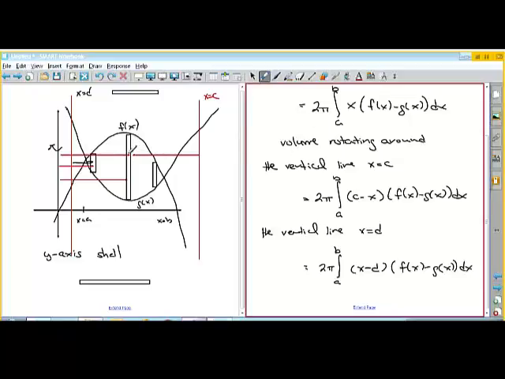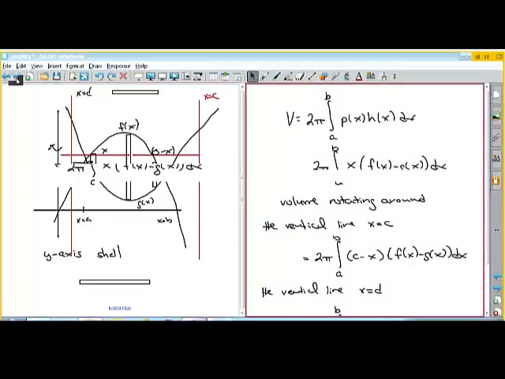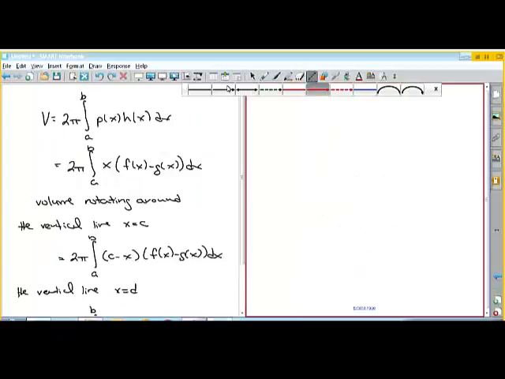And really, if you're going to have to do this calculation, I'm going to ask you to show what these distances mean. So you've got a vertical line x equals c, and then this distance here would be c minus x. If this is x, then x plus c minus x is c. Okay.